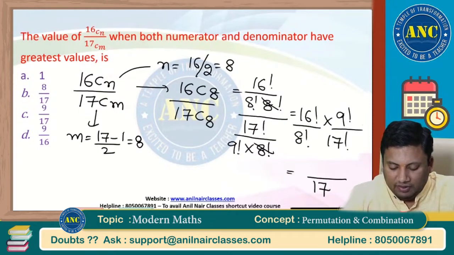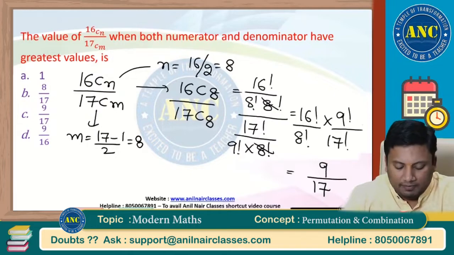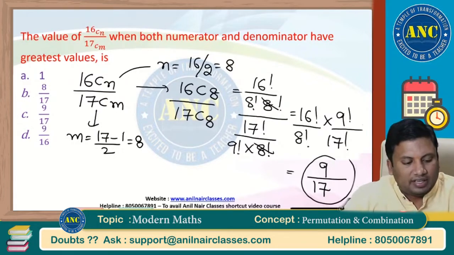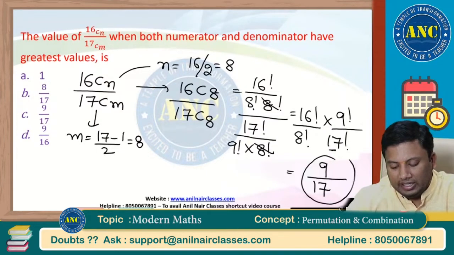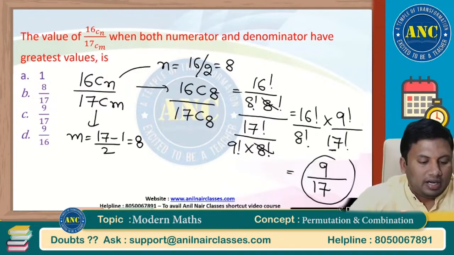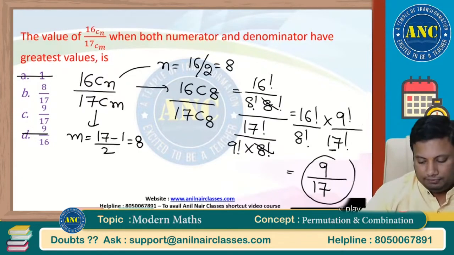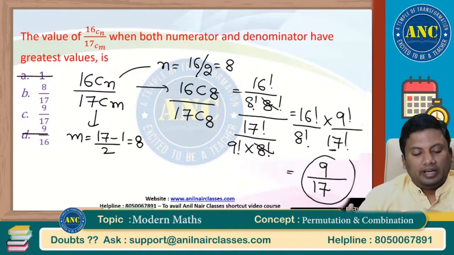Denominator 17 will come, numerator 9 will come. The answer is 9 by 17. Or you can see in the denominator 17 is a prime number. The denominator should contain 17. Just by looking at the question, the others are eliminated.